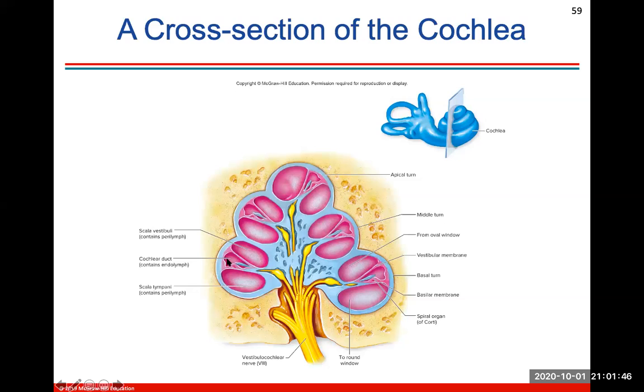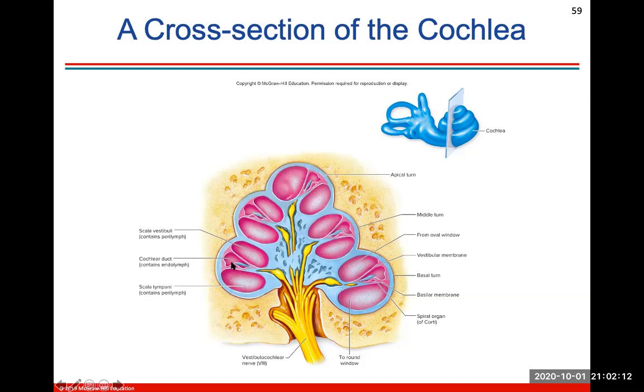And here's a look at the cochlea if we were to take a cross section of it. So again, the cochlea looks like a snail shell. And if we take a cross section of it, you can see all the winding canals of it, and how each canal has a top scala vestibuli, bottom scala tympani, and the cochlear duct in the middle.